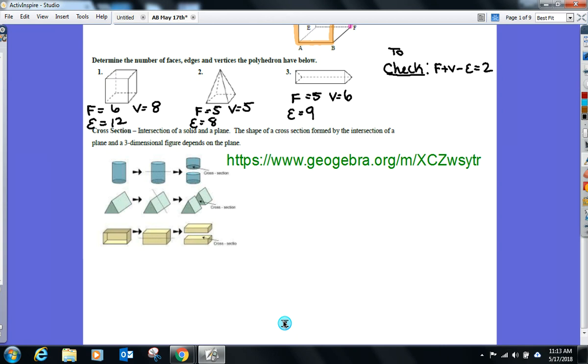All right. So go ahead, go to that website. Hopefully I can too. GeoGebra.org. And we're going to play around with some polyhedrons and take vertical and horizontal cross sections.